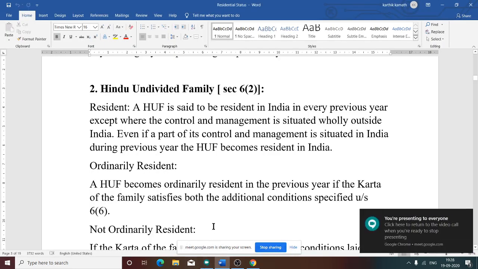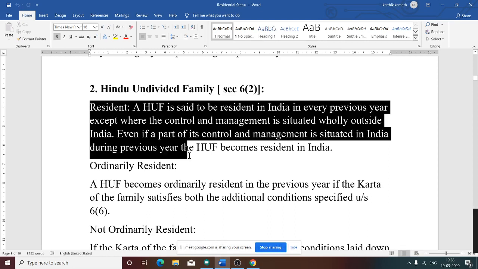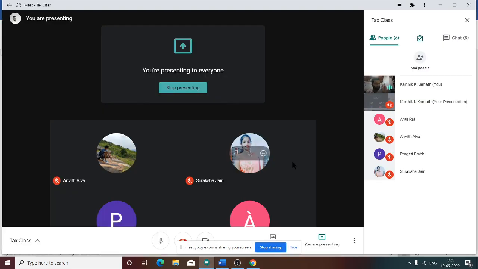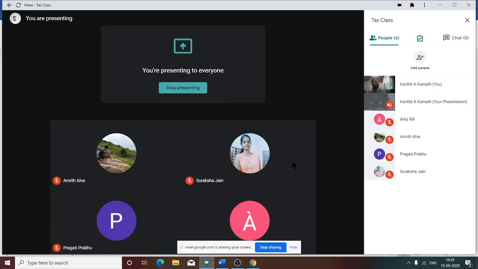So now you see, when can HUF become resident? HUF is said to be a resident in India in every previous year except where control and management is situated wholly outside India. Even if the control and management is situated in India during the previous year, HUF becomes resident in India. That means if and only if the control and management is situated wholly outside India, then only HUF becomes non-resident.